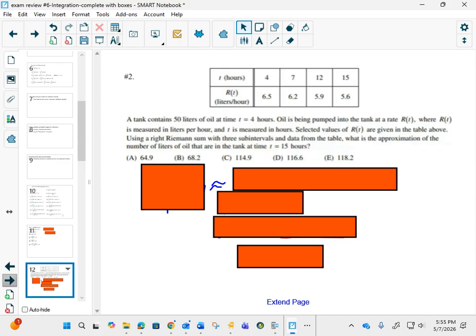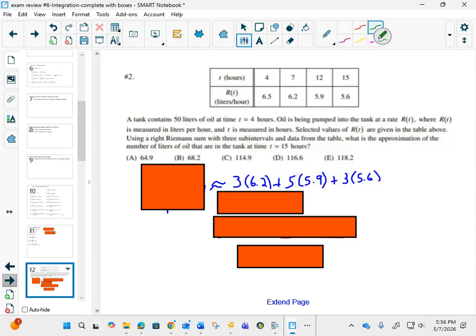A tank contains 50 liters at time 4 hours. Oil is being pumped out at a rate, and this is a chart of those rates. Using a right Riemann sum with 3 subintervals, what is the approximate number of liters that are in the tank at 15 hours? Right.